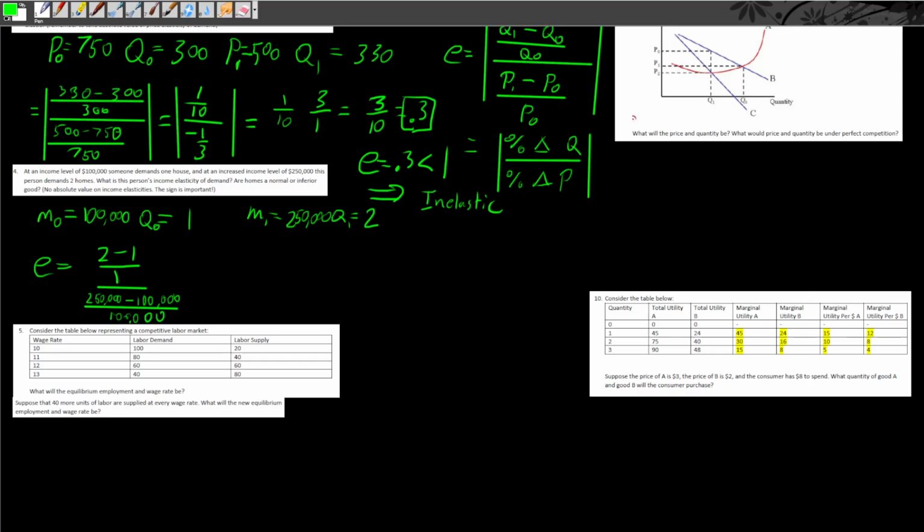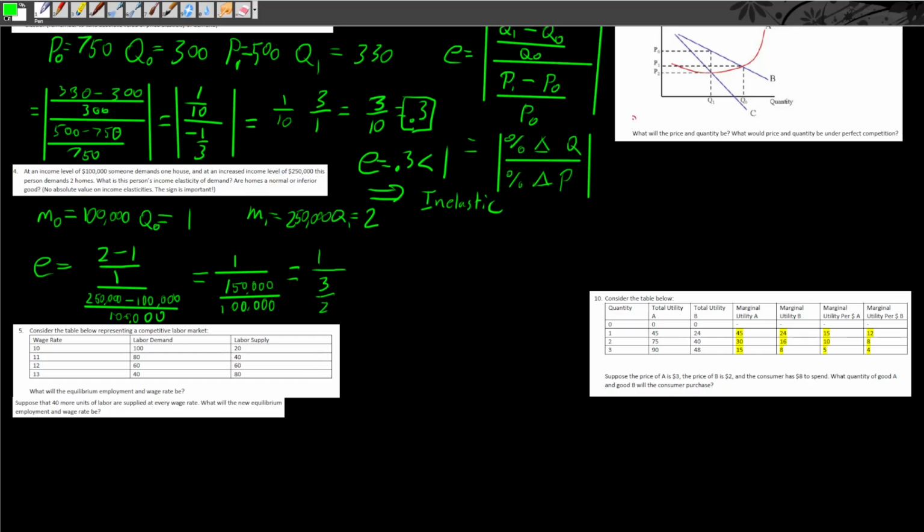All right. So simplifying that out, 2 minus 1 is 1, so we end up with just 1 over 1, which is the same thing as 1 in the numerator. In the denominator, we end up with 150,000 over 100,000. So simplifying the denominator, that's the same thing as 15 over 10, which is the same thing as 3/2.